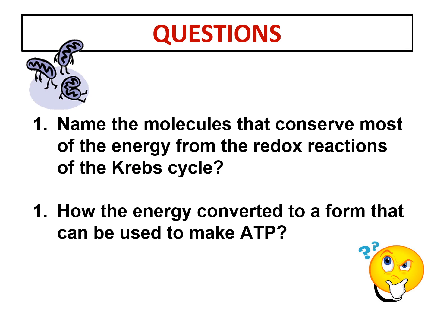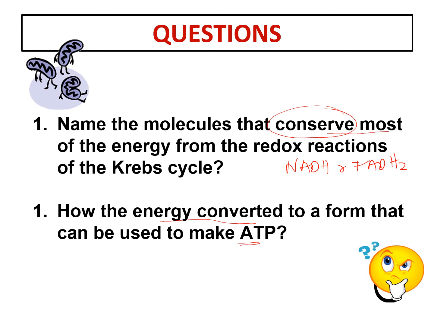Name the molecules that conserve most of the energy from the redox reactions of the Krebs cycle. Conserve means to keep. Okay, so who knows the answer? The answer is NADH and FADH2. How is the energy converted to a form that can be used to make ATP?